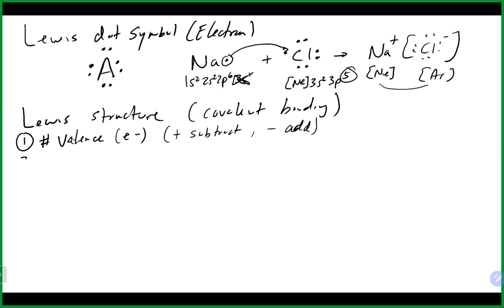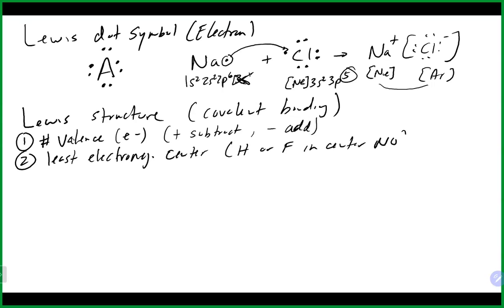Once you do that, you want the best arrangement, which means the least electronegative atom should be the center atom. You will never find hydrogen or fluorine in the center. That's because hydrogen follows the duet rule, which means it should only have 2 electrons total, so it has to be on the outside with one line, otherwise it will have too many electrons.